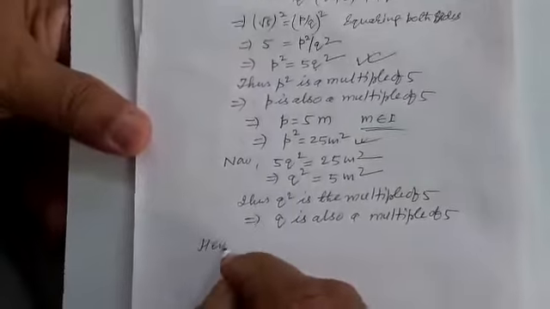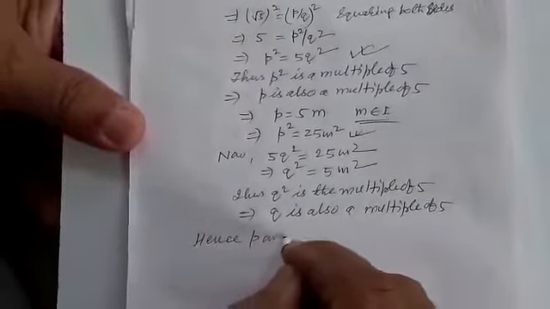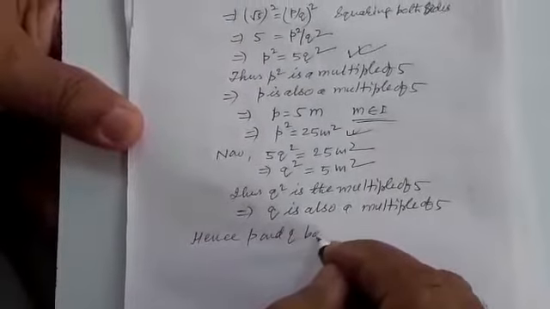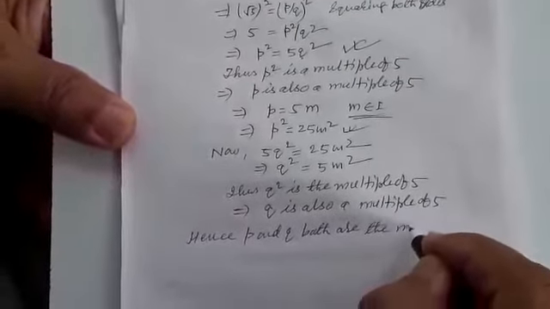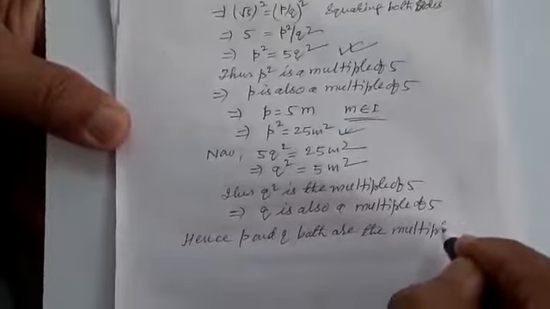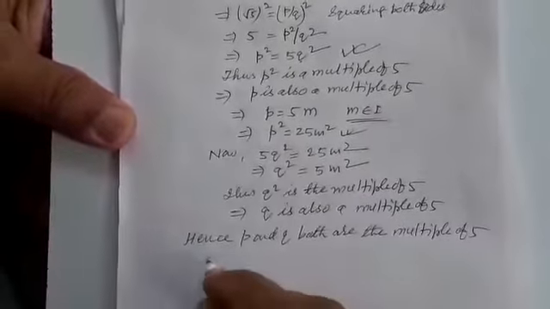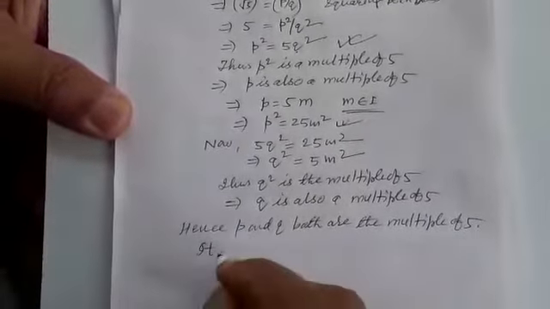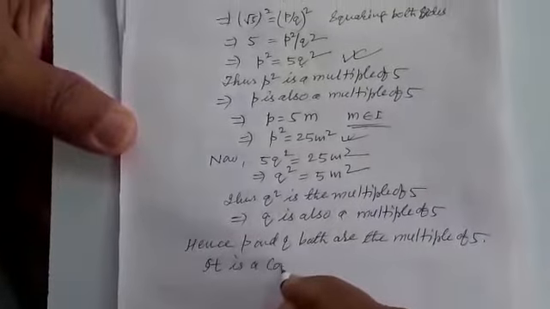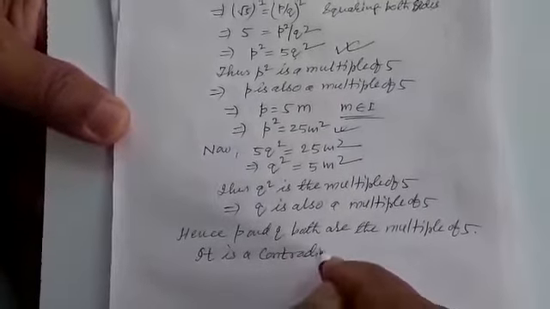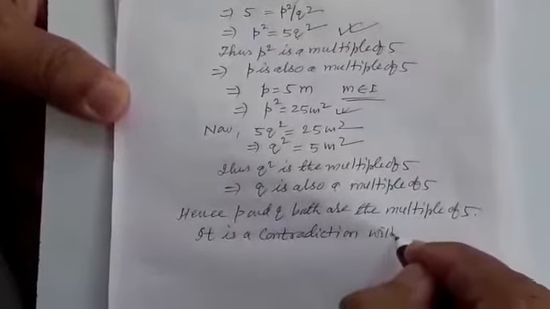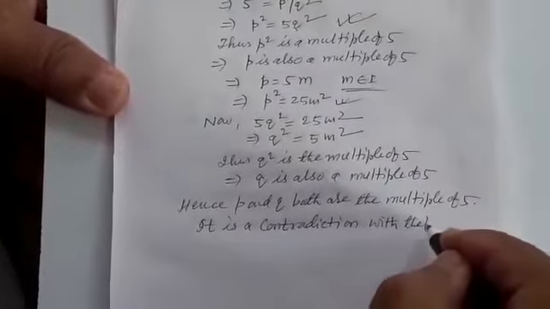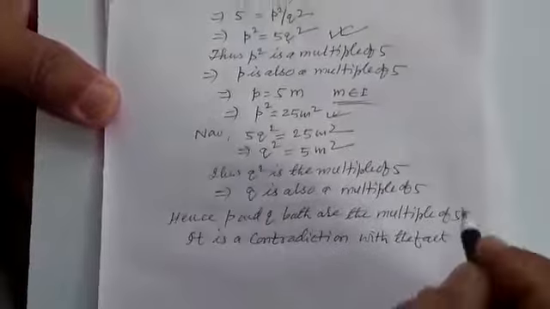Hence p and q both are multiples of 5. It is a contradiction with the fact. What is the condition?